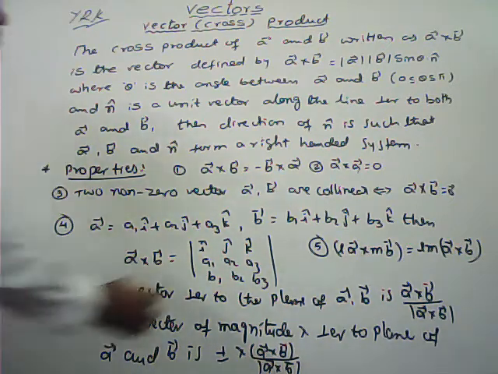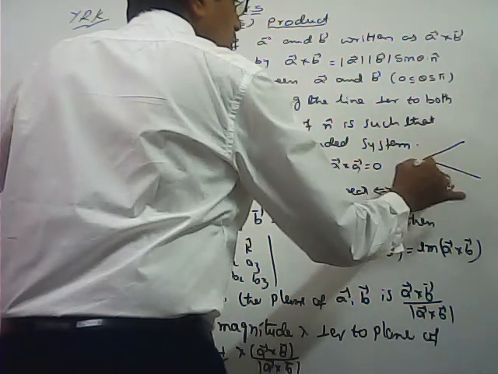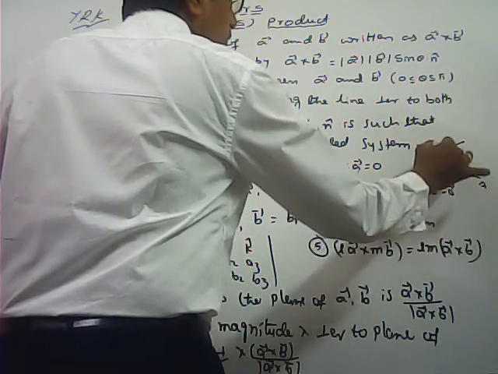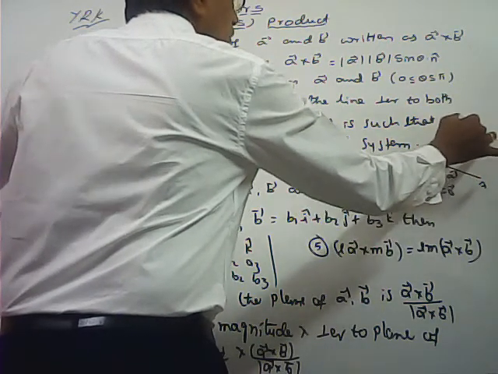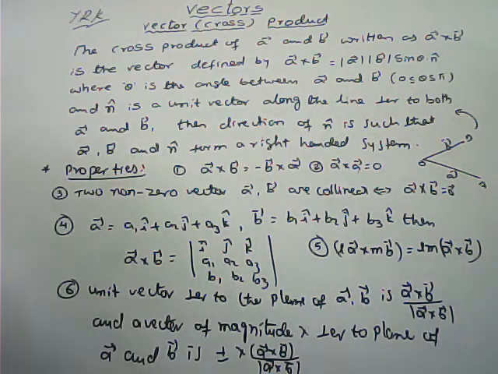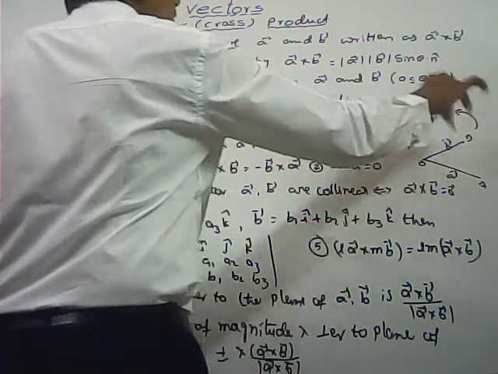Right-handed system means, for example, here I am taking this is OA, A bar, and this one I am taking B bar. See, the anti-clockwise direction can go, that is the right-handed system.